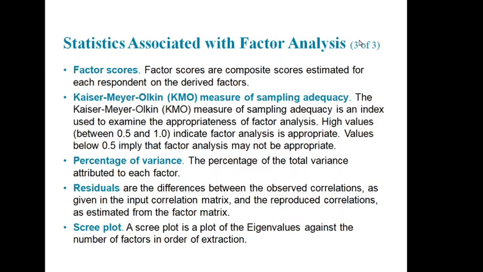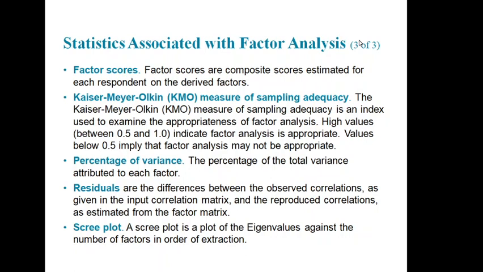Now, the next one is the factor scores. Factor scores are composite scores estimated for each respondent on the derived factors. Then there is another statistic known as the Kaiser-Meyer-Olkin (KMO) measure of sampling adequacy. This is an index used to examine the appropriateness of factor analysis.